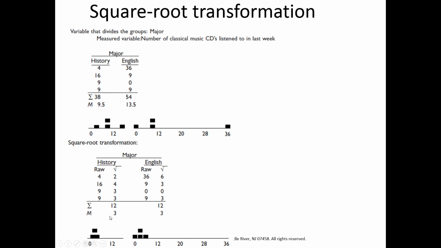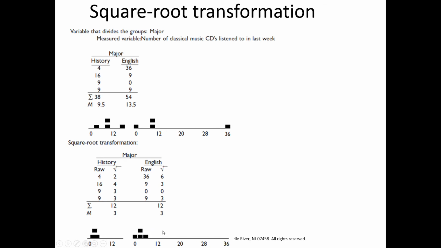So in this example, if we apply this square root to the raw data, we will now get this compressed data, and similarly for English majors, now it will look more Gaussian. And now you have 2 distributions which are very similar to normal distributions, and now you can apply a t-test.